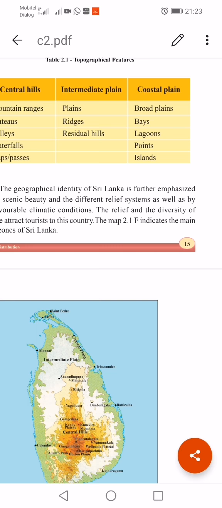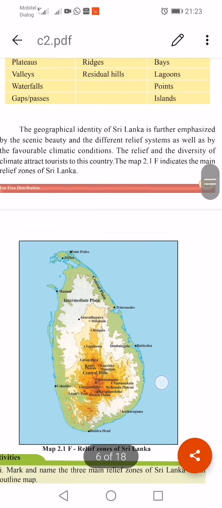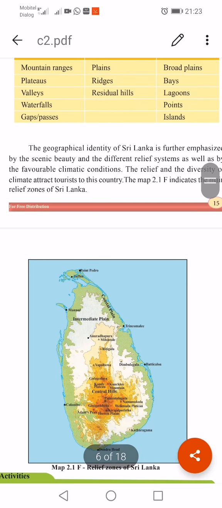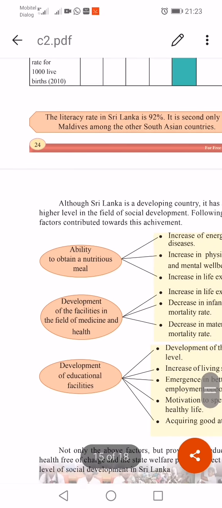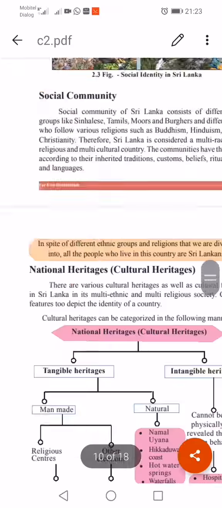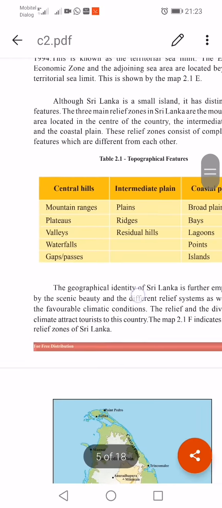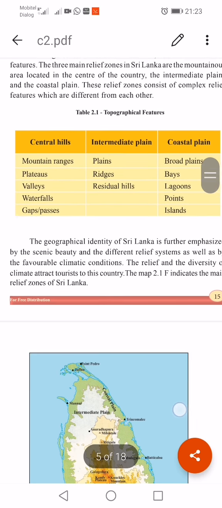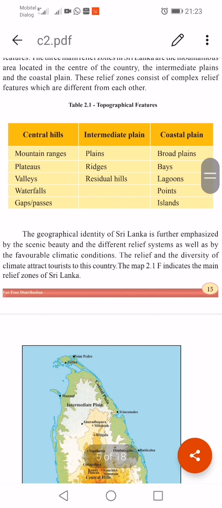Here the geographical identity of Sri Lanka is further emphasized by the scenic beauty and the different relief system, as well as by the favorable climatic conditions, right? The climate in our country is very favorable to live in. The relief and the diversity of climate attract tourists to this country.